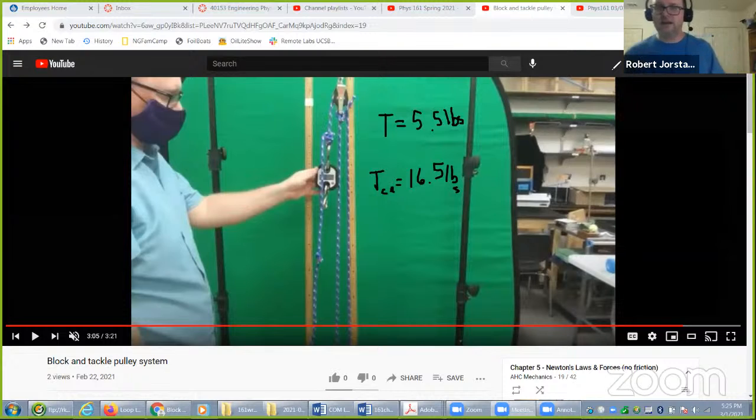Okay, exactly. So if you have to lift a heavy object, what are the pros and cons here? You can apply a force that's much smaller over a much longer distance. So, for example, if you want to lift an engine out of your car, that's way too heavy for you to just lift. So what you could do is make a block and tackle, and you could use more pulleys.